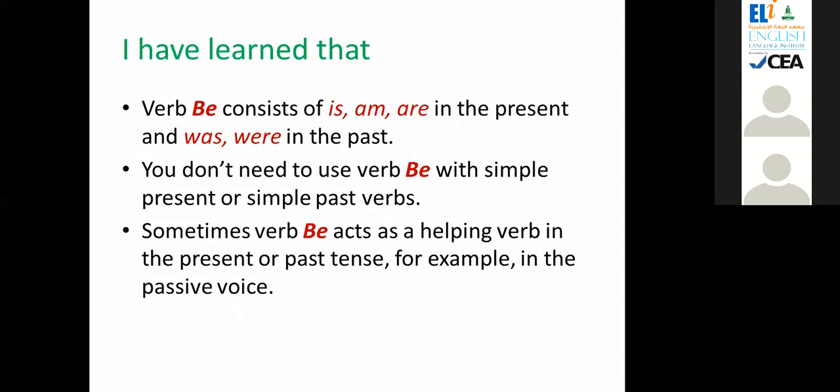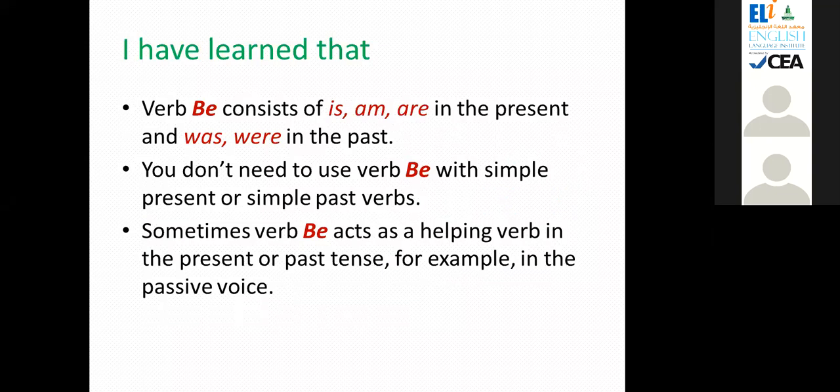So here, after we expose all of these examples and all these common issues in verb to be, we have learned that verb to be consists of is, am, and are in the present, and was and were in the past, as an independent verb acting as the main verb of a sentence.